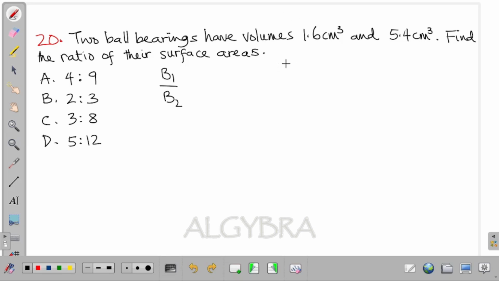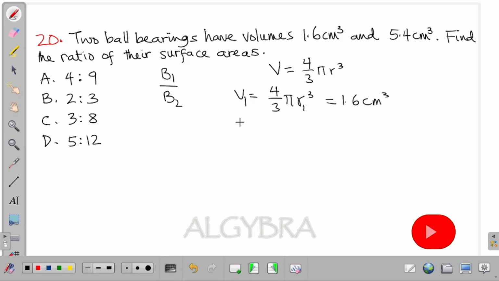Now we know that the volume of a sphere, because we're talking about ball bearings, so they are spherical, is given by V = 4/3 πr³. So the first volume, V1, is equal to 4/3 π r1 cubed, which is given to us as 1.6 cm³.